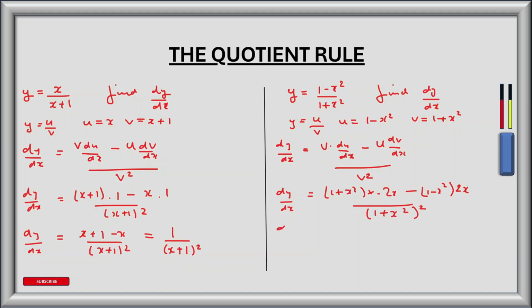So dy by dx is equal to minus 2x minus 2x cubed minus 2x plus 2x cubed, all divided by 1 plus x squared, all squared, which equals minus 4x divided by 1 plus x squared, all squared.